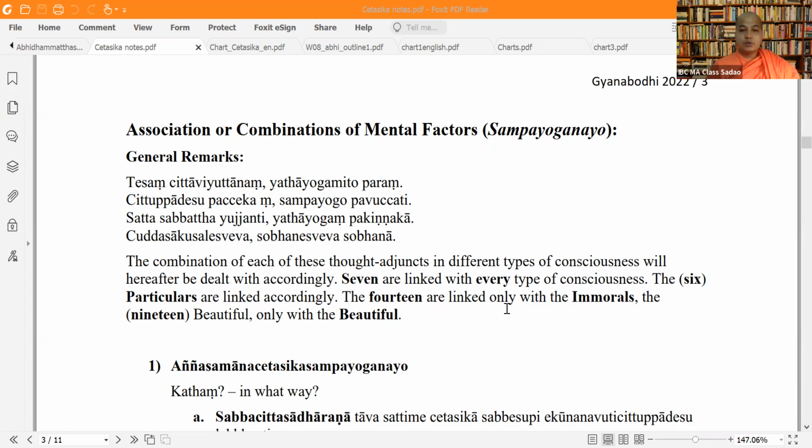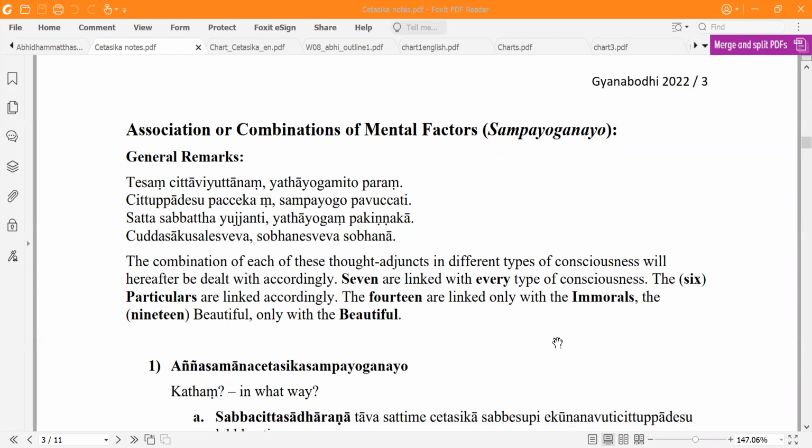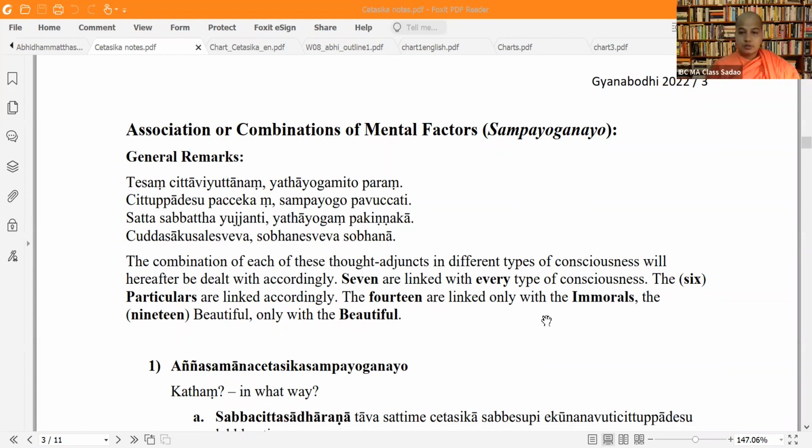The 14 are linked only with the immorals. Chuddasa kusale sweva. There are 14 that are associated only with immorals. So there are how many akusala chittas? 12. Yes. So these are associated with these 12 akusala chittas. And then the 19 beautiful only with beautiful. Sobana sweva sobana.